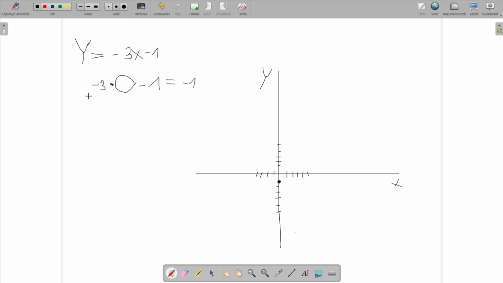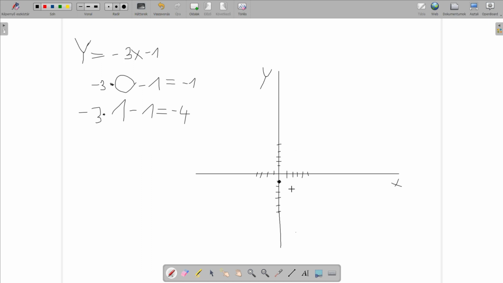And our second point, let's say we have 1. I usually try to go for small numbers. Well, minus 3 times 1 is minus 3, minus 1, that's minus 4.